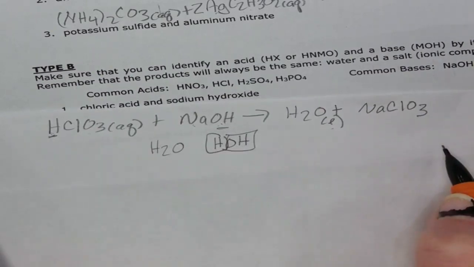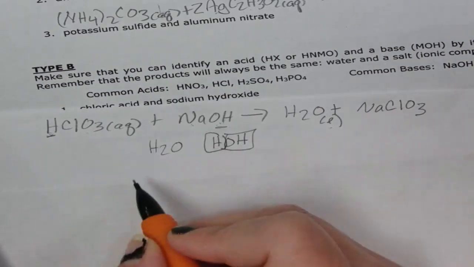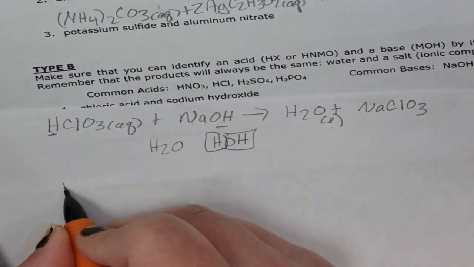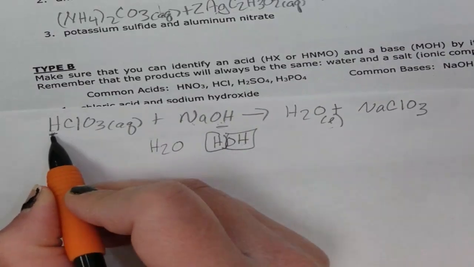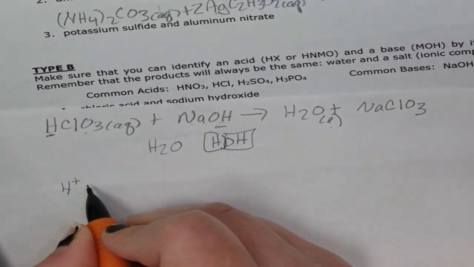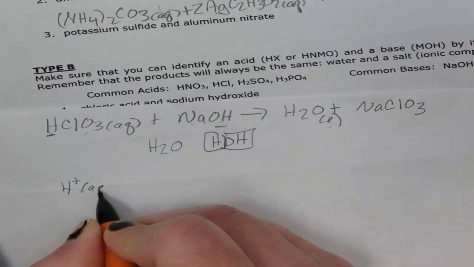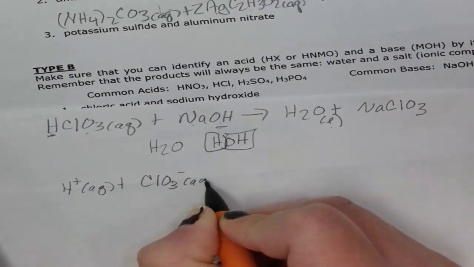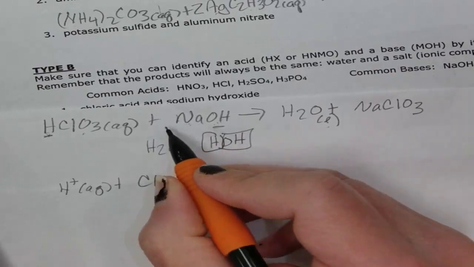So when I break this apart into my pieces, I have a hydrogen ion, and we know this is H plus because ClO3 is a negative. Chlorate is a negative, and we learned that in our elements and ions.